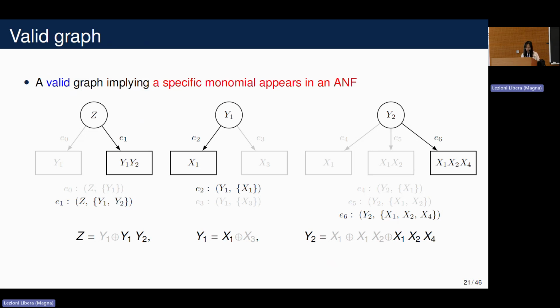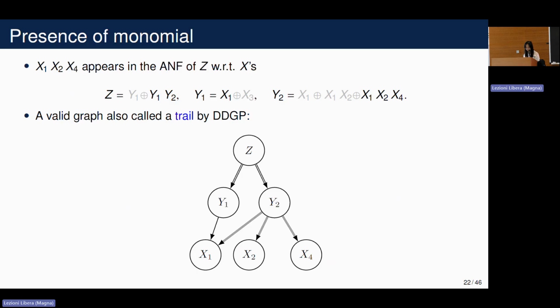This is the one-level transition. If we consider a two-level transition, x1, x2, x4 appear in the ANF of Z with respect to the axis. A valid graph, also called a trail by DDGPs, is drawn like a tree, and they use a doubling edge to represent Z pointing to Y1, Y2.